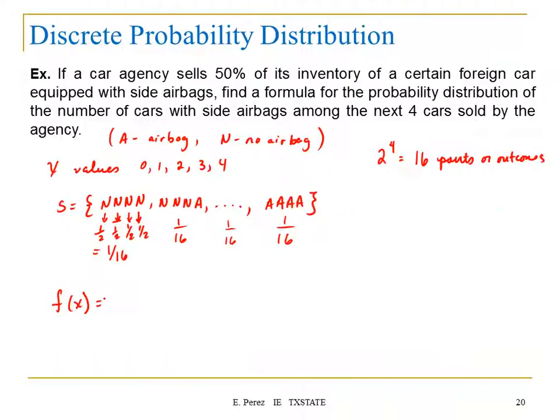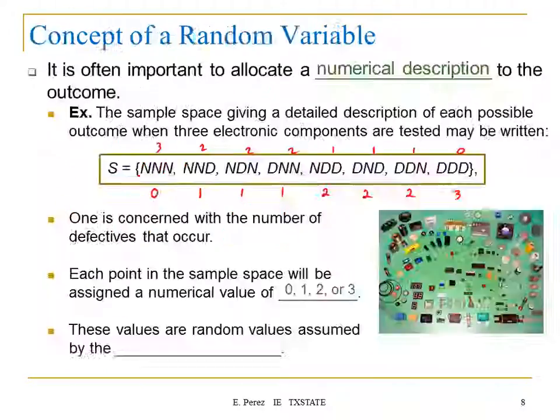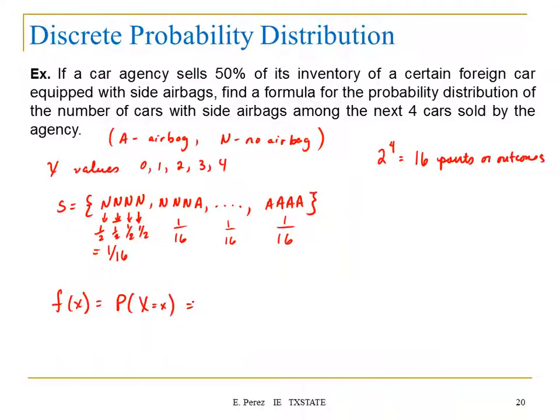Now we can define a function for the probability. This is the probability of X being equal to x. Each outcome has a probability of 1/16, so the expression will be divided by 16.